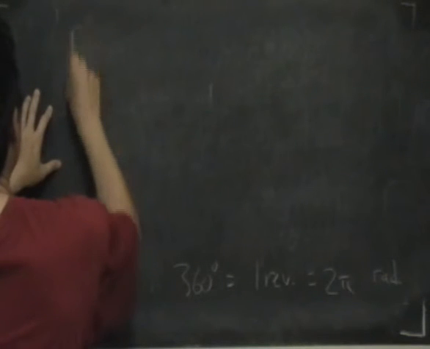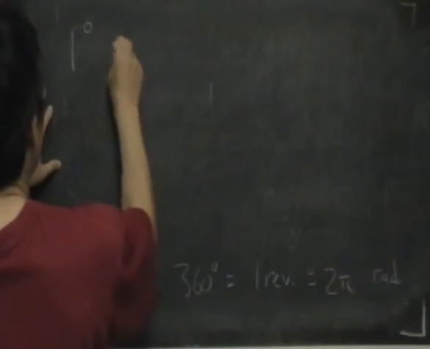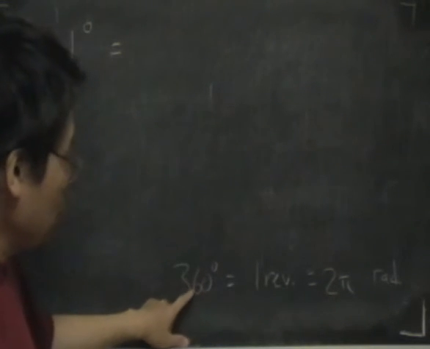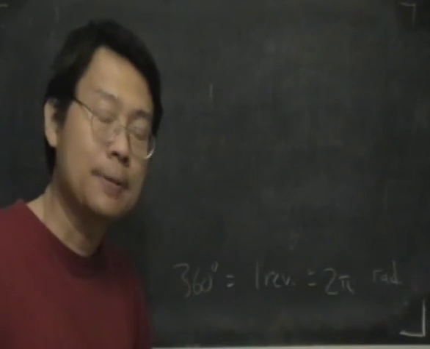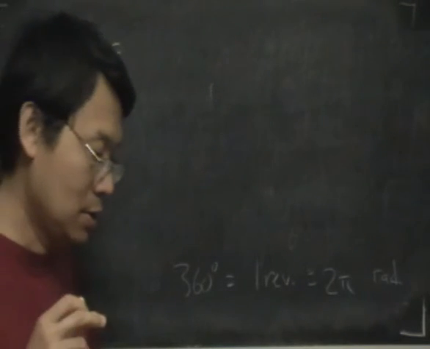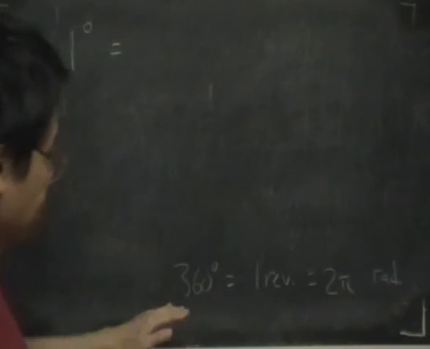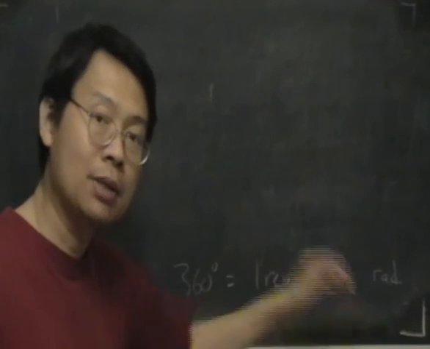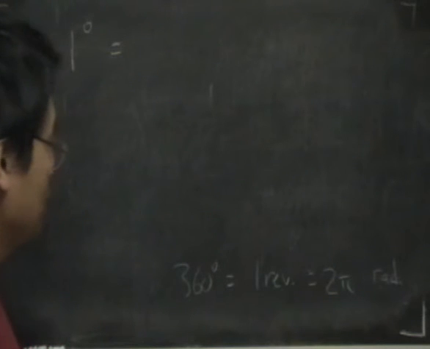So let me start by writing down what is 1 degree in radians. Now if 360 degrees is 2 pi radians, to get the answer for 1 degree, I can divide both sides of this by 360 degrees.